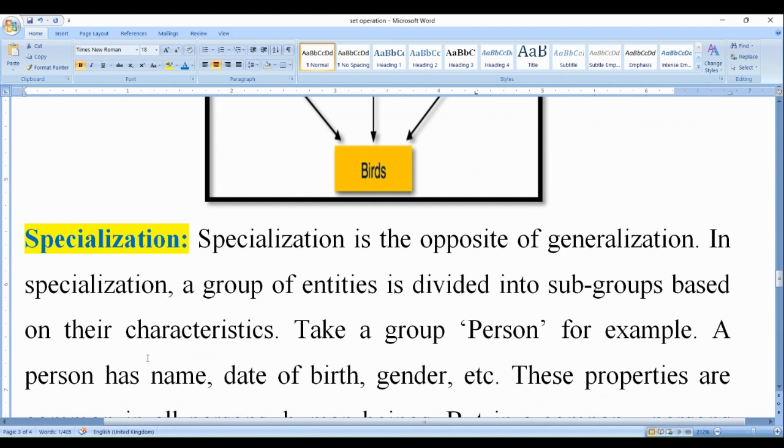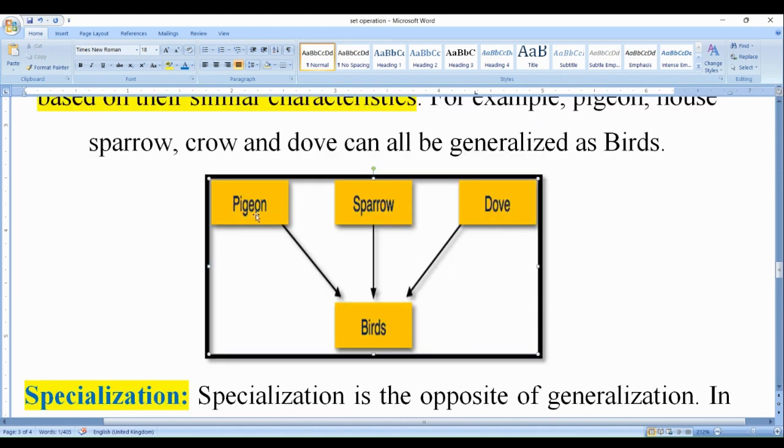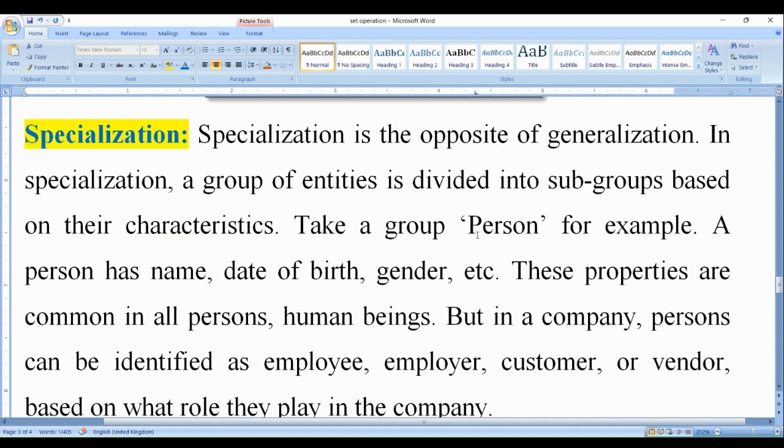Okay, so in specialization, a group of entities is divided into subgroups. So here what we are doing is dividing the entities into subgroups based on the characteristics, whereas in generalization we group the entities into one generalized form. Okay, so take a group person. For example, a person has name, date of birth, gender, etc. These properties are common in all persons, all human beings.